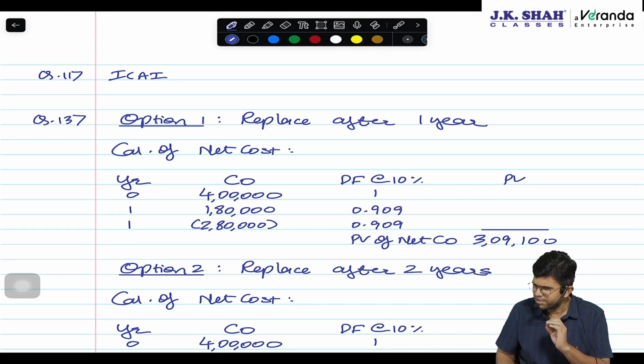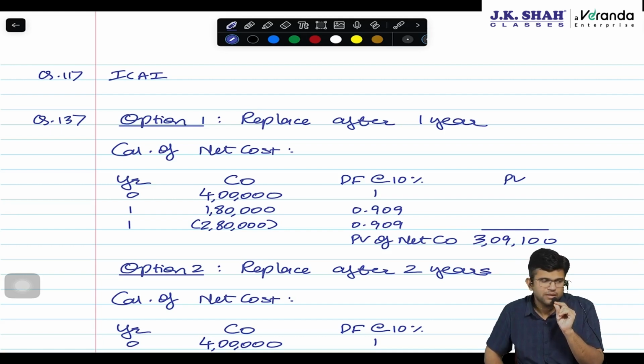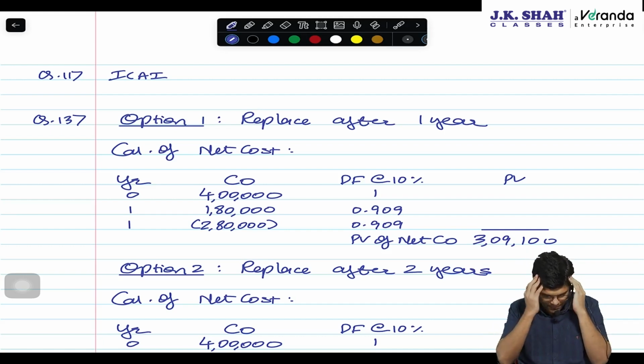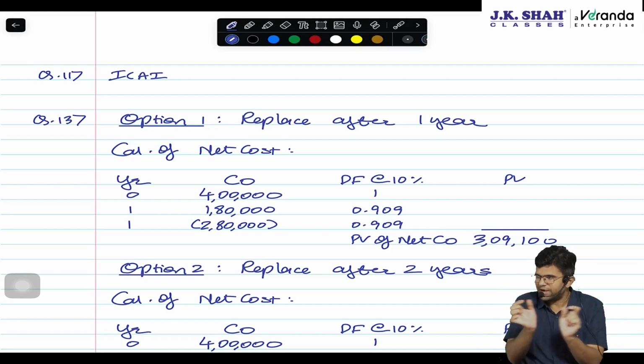Okay, listen carefully. I have taught you something called equivalent annualized cost, EAC and EAB. What does that mean? That means that if there are two projects having different lives, then their net present values can't be compared because the lives are different.